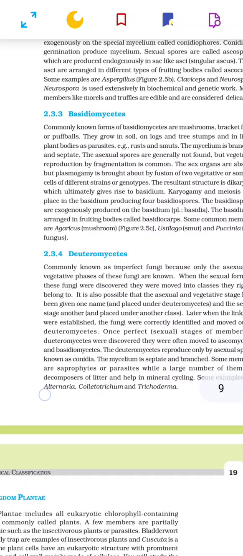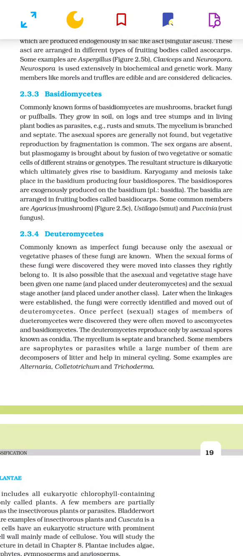2.3.4 Deuteromycetes. Commonly known as imperfect fungi because only the asexual or vegetative phase of these fungi is known. When the sexual form of these fungi was discovered, they were moved into the classes they rightly belonged to. It is also possible that asexual and vegetative stage have been given one name and placed under Deuteromycetes, and the sexual stage another and placed under another class.